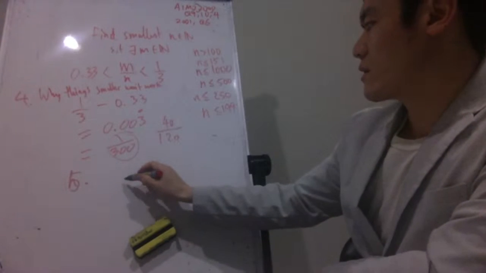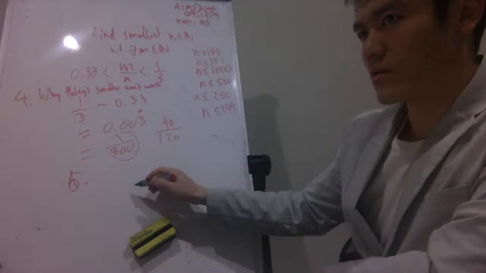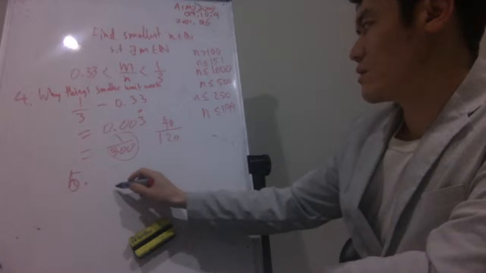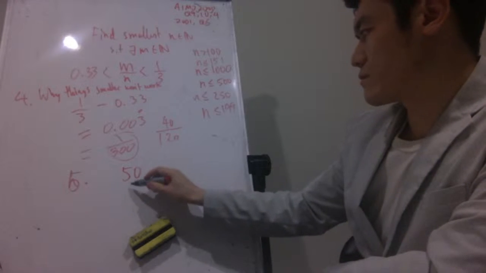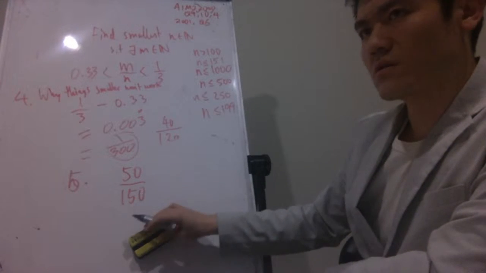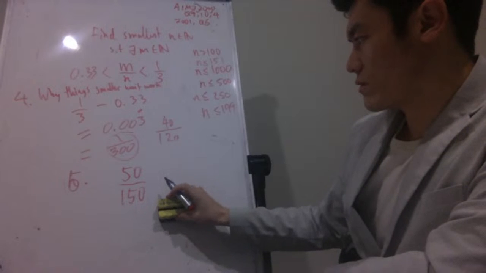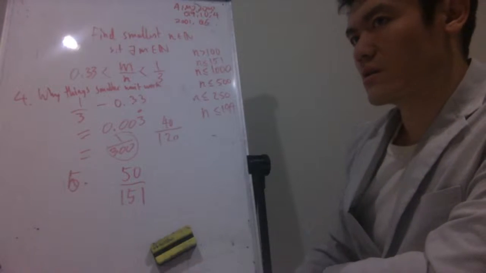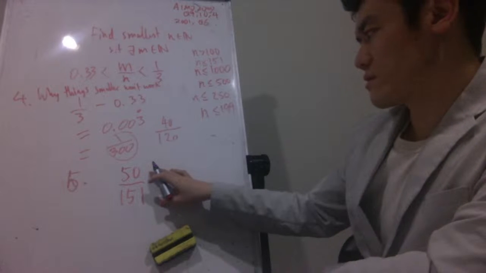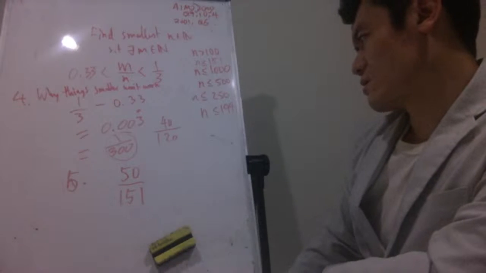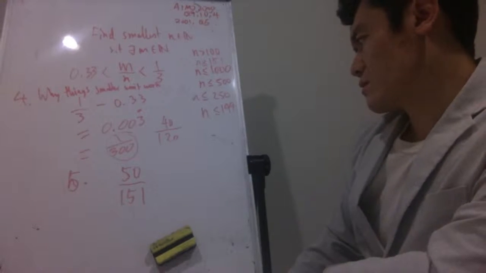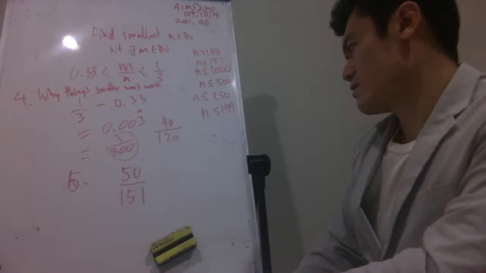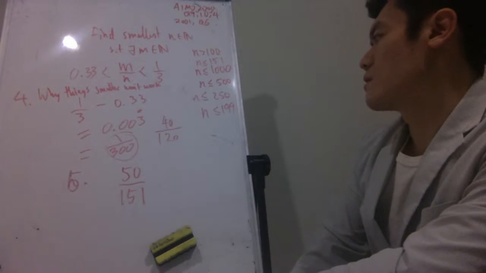Because 150 is a multiple of 3, 50 over 150 is a third. So if you do 151, this will be less than 1 over 300.